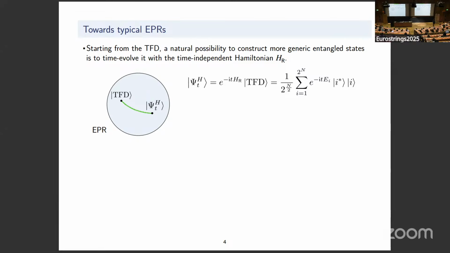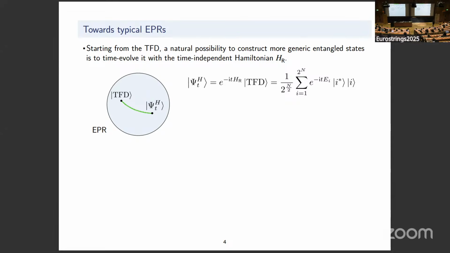And essentially, we will end up with some time-dependent state whose wave function looks like this. So the basis which diagonalizes the wave function is essentially the energy eigenbasis of the Hamiltonian. And now it will acquire a bunch of phases. So this will make it more generic. And these phases will essentially be characterized by the energy eigenvalues.